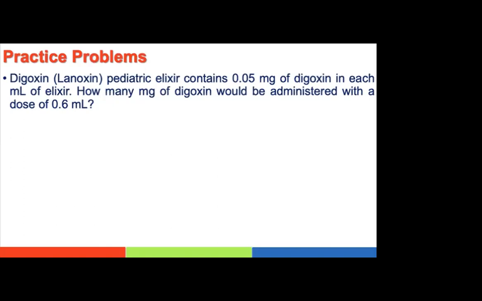Choose from the three. Digoxin helps the heart pump, it is for heart failure. It's a cardiac glycoside. Look at the babies, pediatric elixir. So that means some children have heart disease and have difficulty pumping blood. It contains 0.05 milligram in each ml.